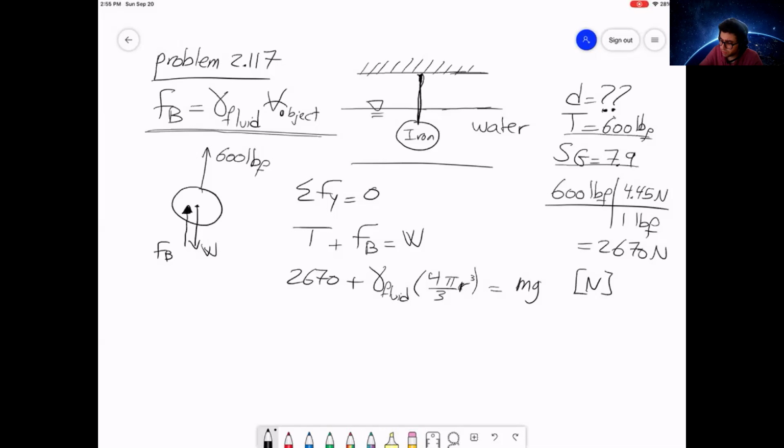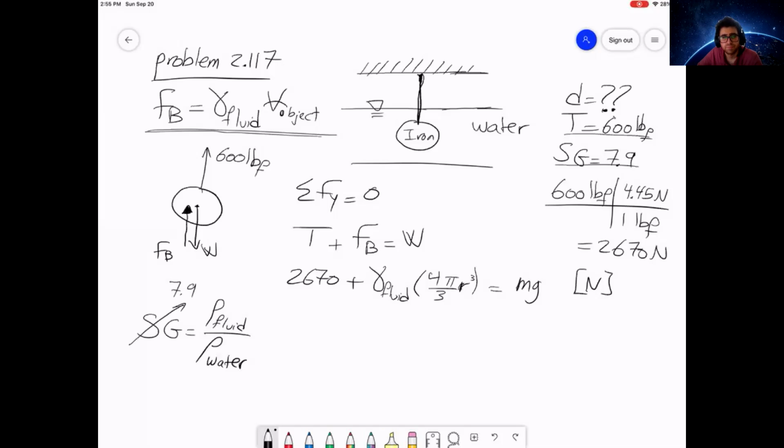Okay, so if you look at specific gravity, maybe it can help us. What's the formula for SG? Specific gravity is the density of the fluid over the density of water. Or in this case, our fluid is the iron ball itself, and this one is 7.9.